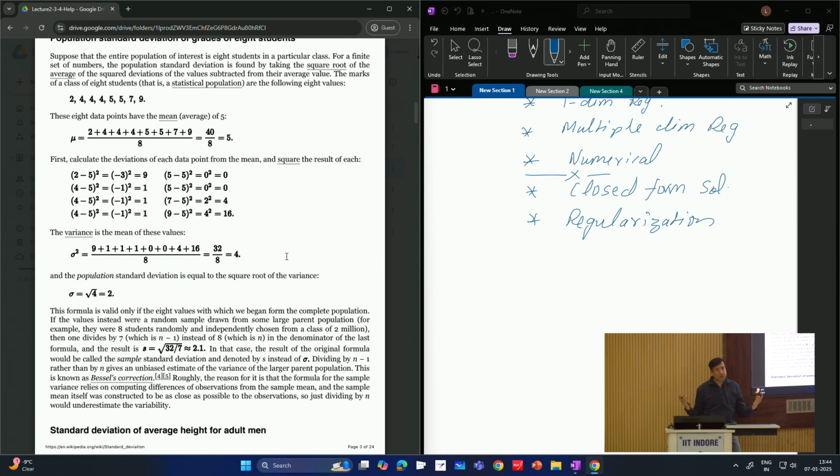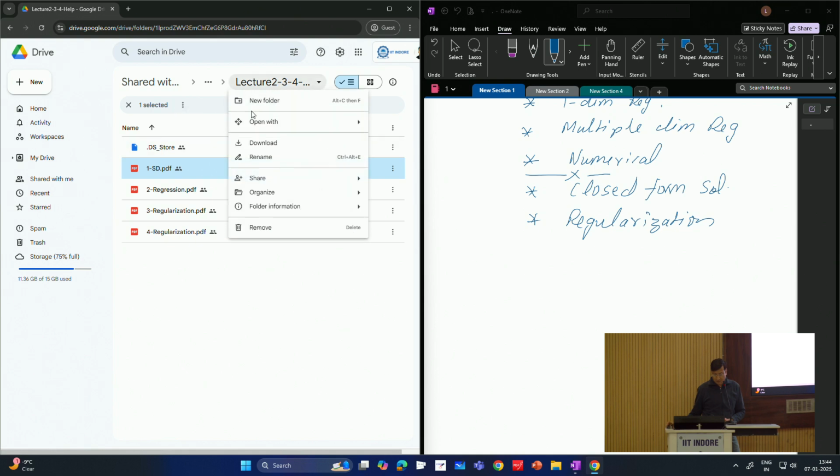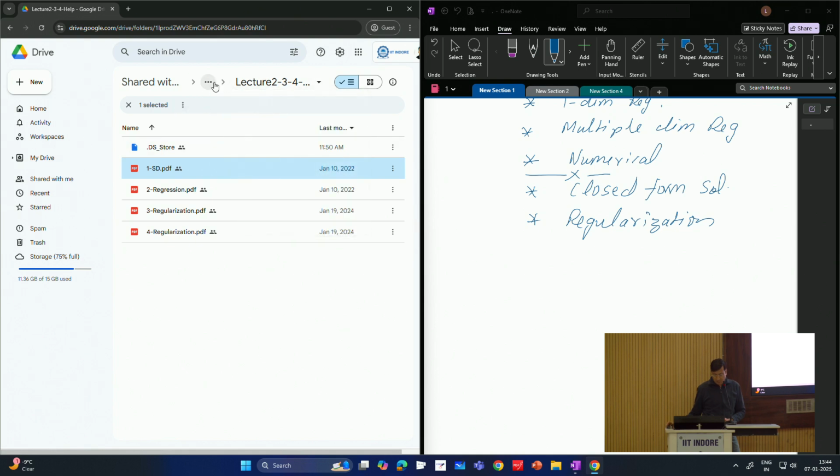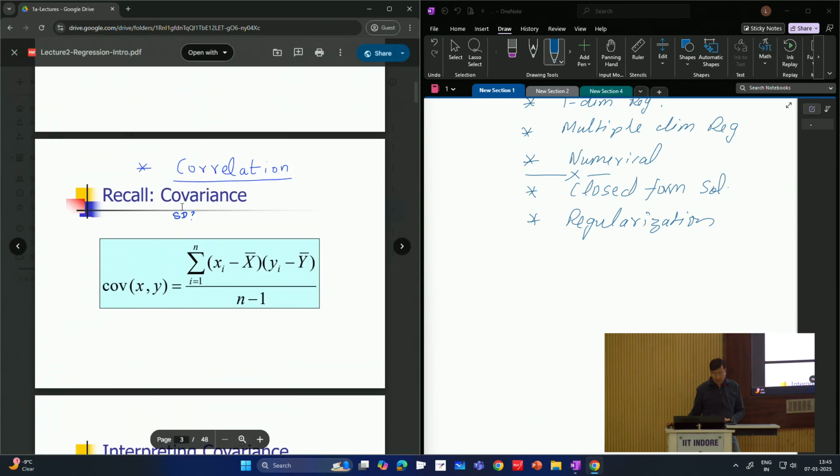If you've got two separate sets of variables, then the equivalent of a standard deviation is covariance. That is what I was talking about in the slides. Coming back to the slides, so what is a covariance?